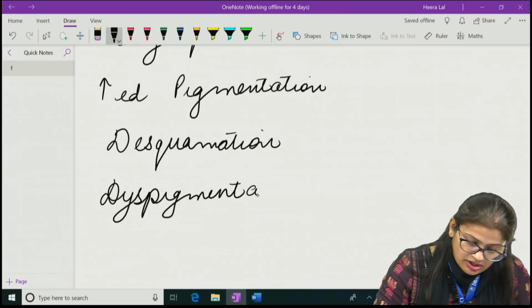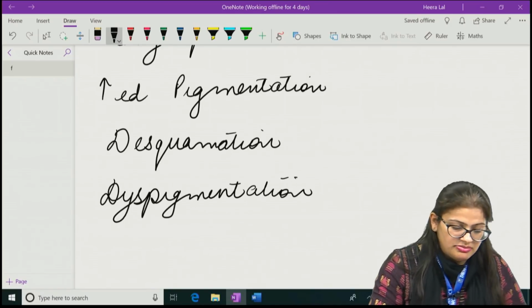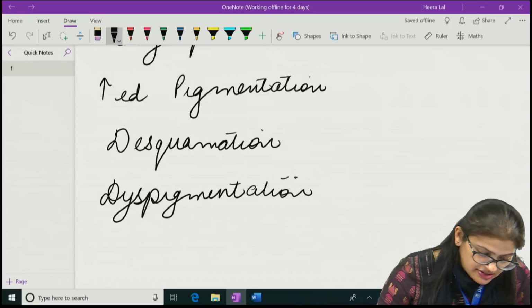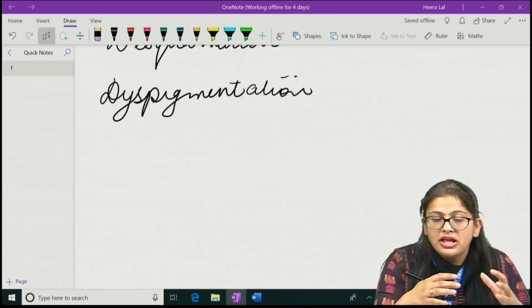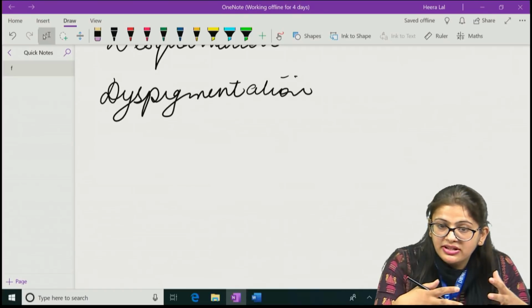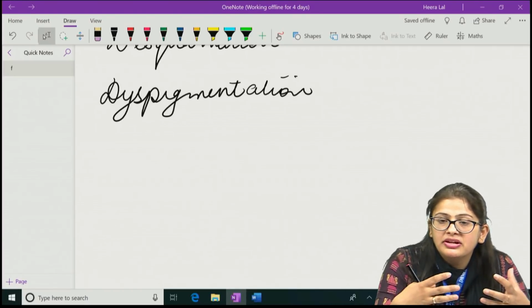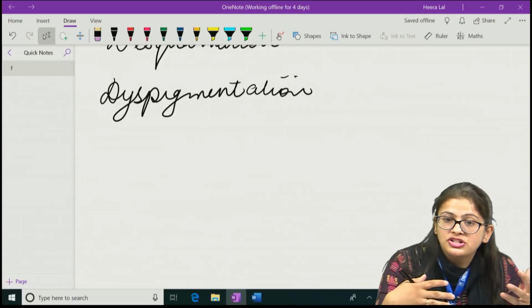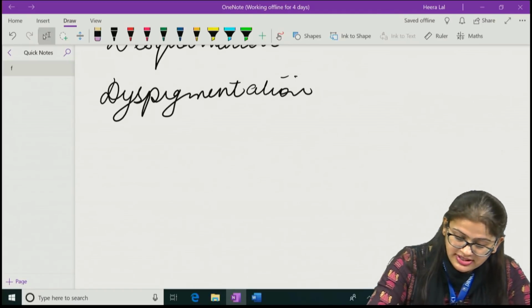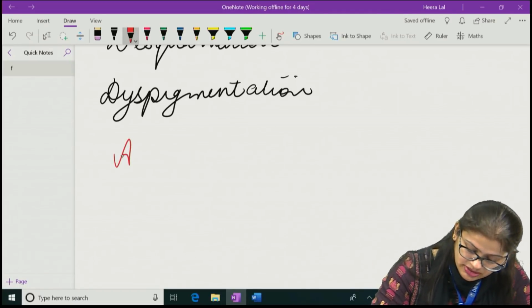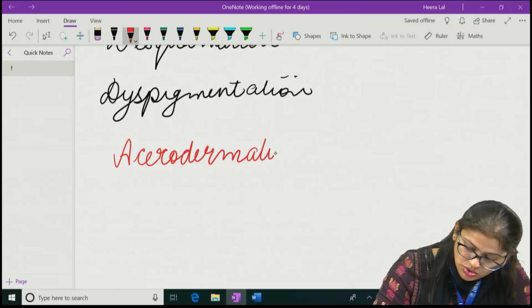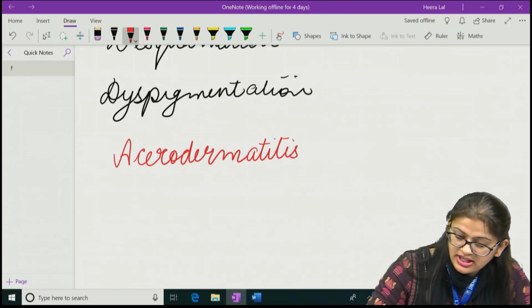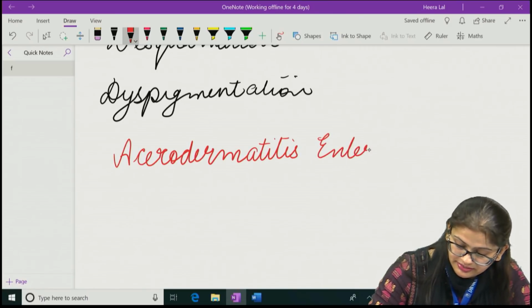Sometimes pigmentation may be confluent and may resemble flaky paint dermatosis, and the skin changes that result due to zinc deficiency may appear like burnt skin, and if it is severe, it is known as acrodermatitis enteropathica. The skin changes due to zinc which are severe are known as acrodermatitis enteropathica.